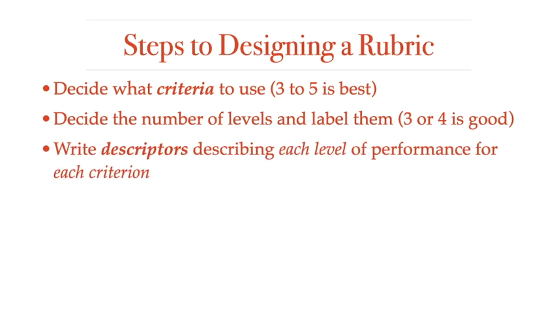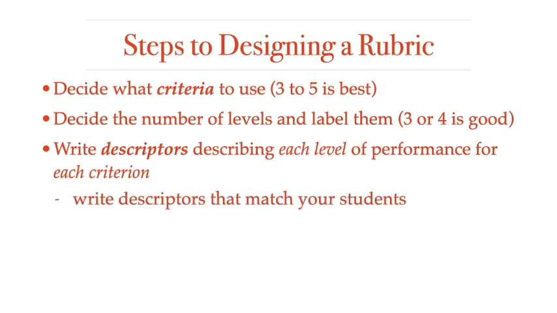Then, write descriptors describing each level of performance for each criterion. Write descriptors that match your students. Avoid unrealistic descriptors that your students cannot achieve, such as "pronunciation was the same as a native." Descriptors work best when they are concrete and task-specific. Avoid very general descriptions, such as "content was well organized and easy to follow."